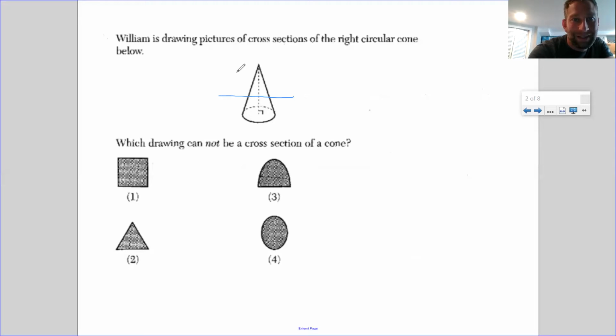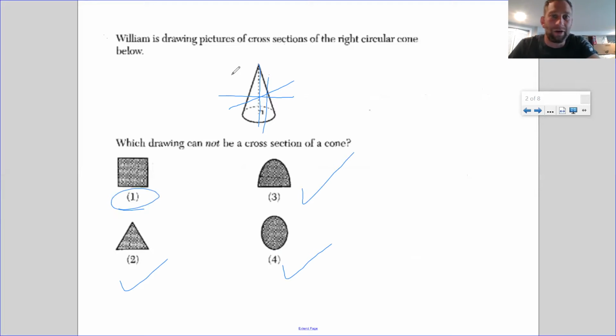If I slice it diagonally, it's going to be an ellipse, which would be correct. If I slice it vertically, it's going to give me a triangle. If I slice it vertically through the side, it's going to give me a parabola. There's no way to get a square or a rectangle cross section from a cone. Everything's curved in a cone. There's no way to get these straight sides. So the answer would be choice 1.